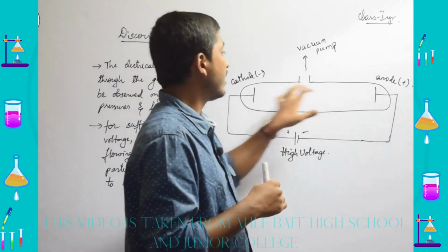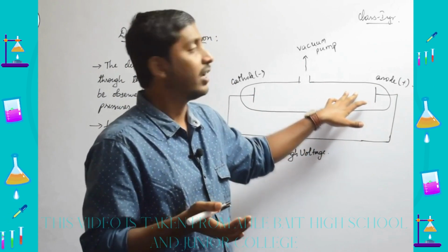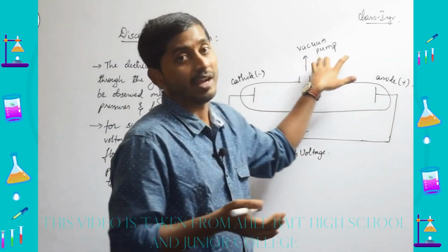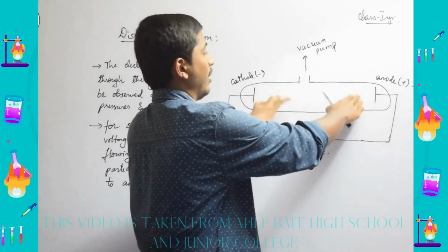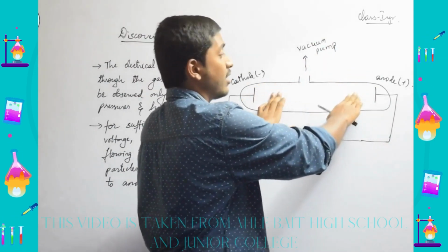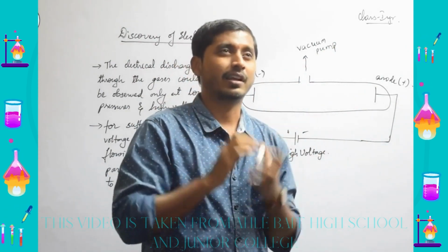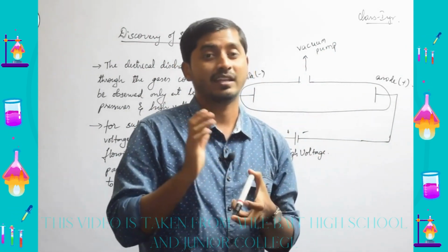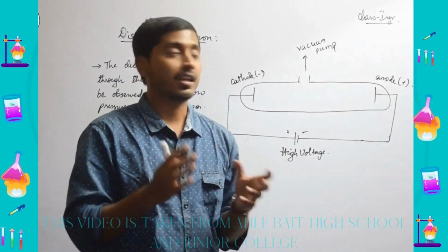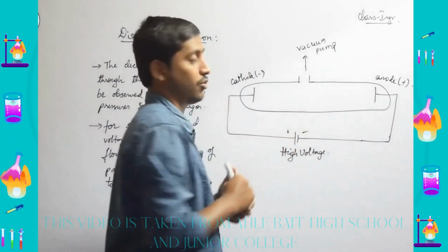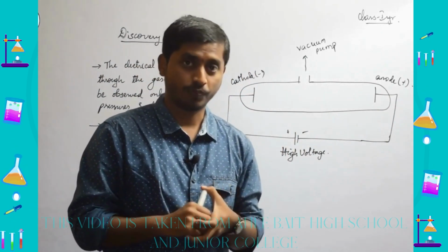Since there are no particles, the discharge tube is maintained at low pressure, in the order of 10 power minus 6 to 10 power minus 9 Pascal. That is the pressure range of a discharge tube.